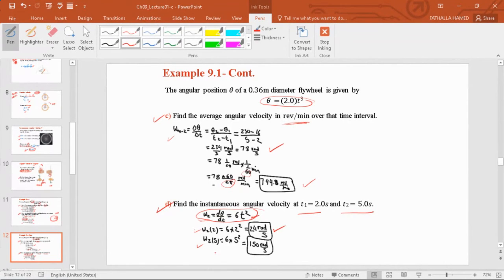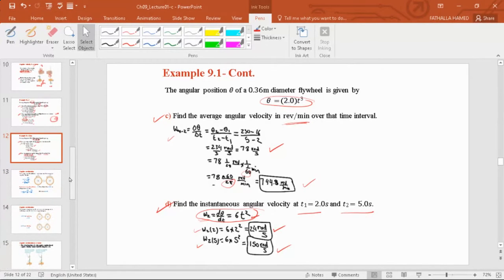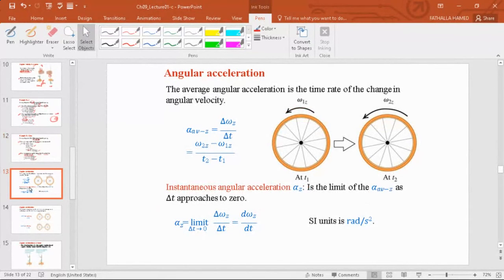Now, omega z of 5 will equal 6 times 5 squared. 5 squared is 25. 25 times 6 will give you 150 rad per second. So that's how you look at average angular velocity and instantaneous angular velocity. Any questions so far? Is this clear?